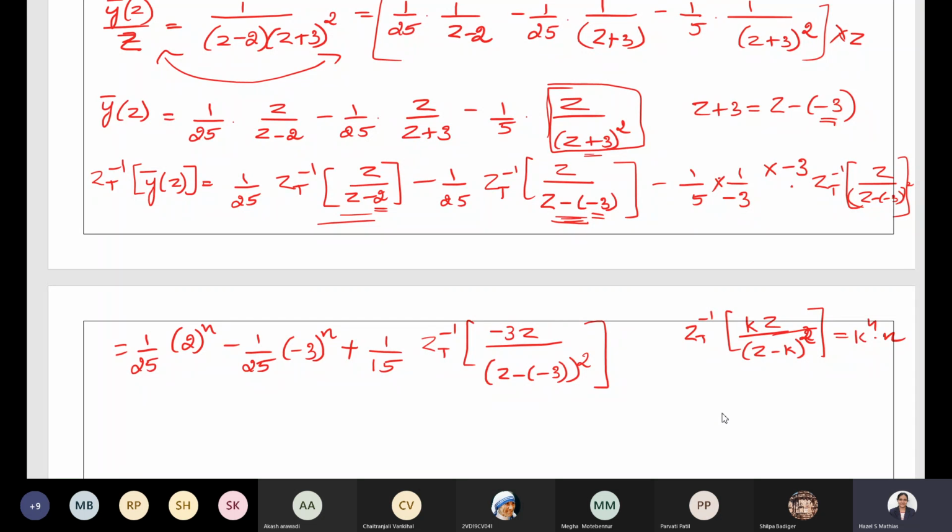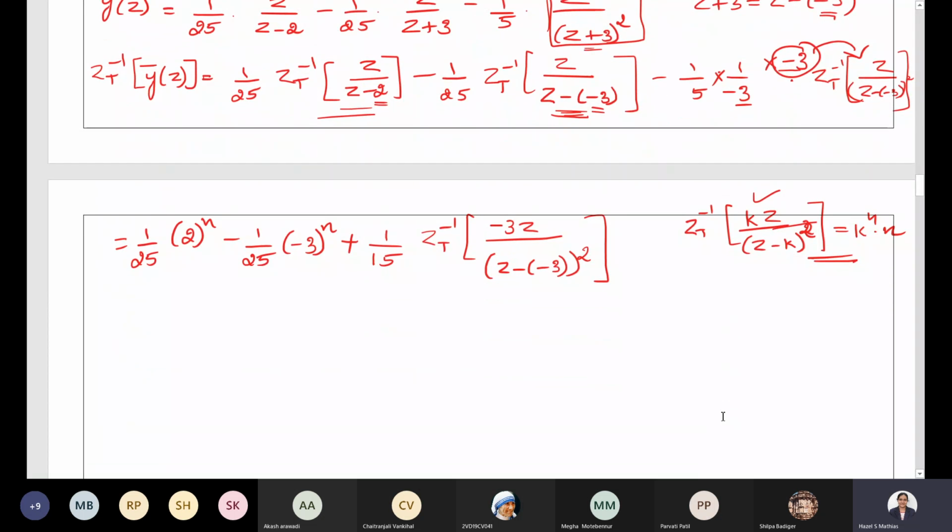K is minus 3. That's why we need to multiply by minus 3 here, because I need to write it as kz. Otherwise I cannot apply this formula. That's why I multiply and divide by minus 3. Then whatever we have divided, we will write as 1 by 15, and here minus 3 I take inside. So it will become minus 3z divided by z minus of minus 3 whole square.